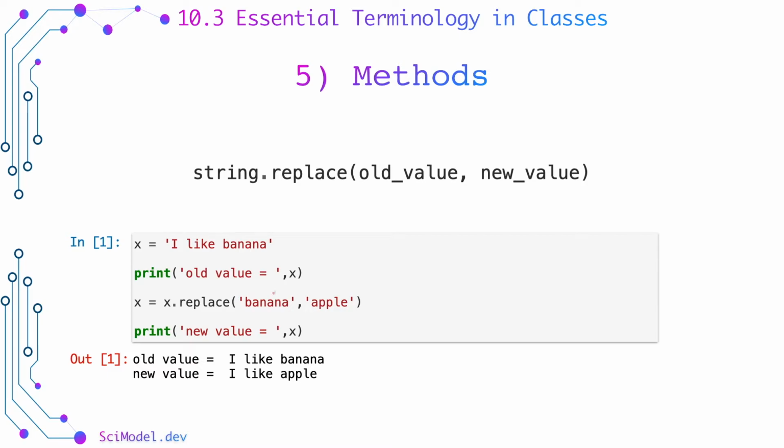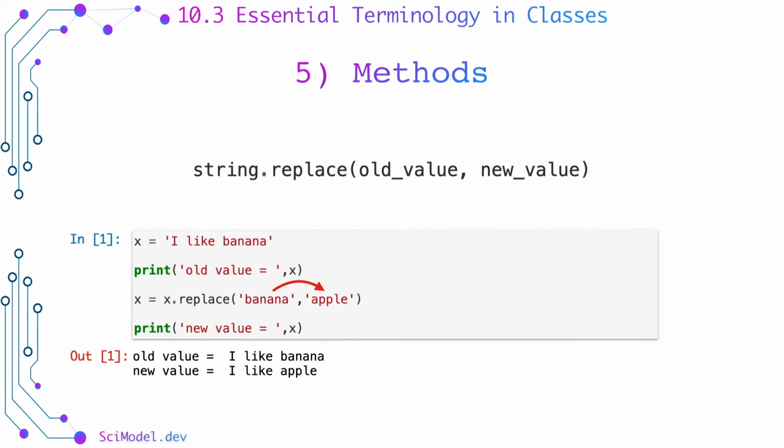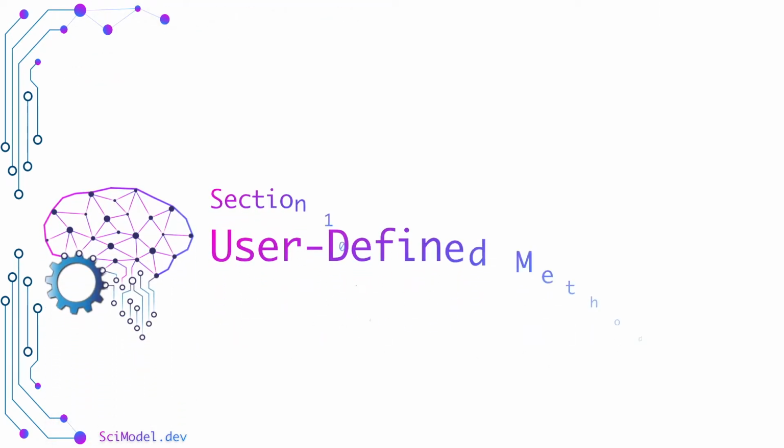You can replace part of the string value, such as the word banana, with the string apple using the replace method. We are also printing the value of x before and after replacing the string values, as you can see in the output of the code. In a nutshell, each class in Python has its own methods that only apply to it and not to other data types.